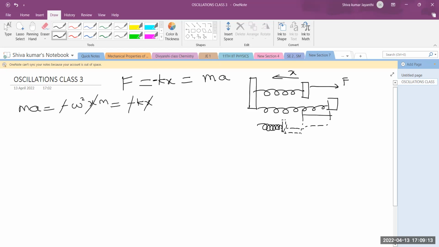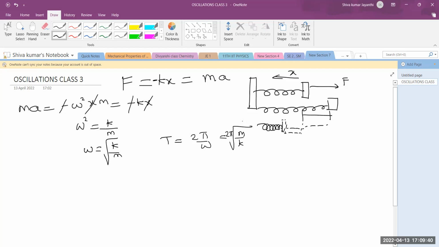If you equate it, minus cancels, x cancels, and finally you got omega square is equal to K by M. Omega came out to be root K by M. And we also found the time period is 2 pi by omega, which is equal to 2 pi root M by K. I told you all this yesterday.